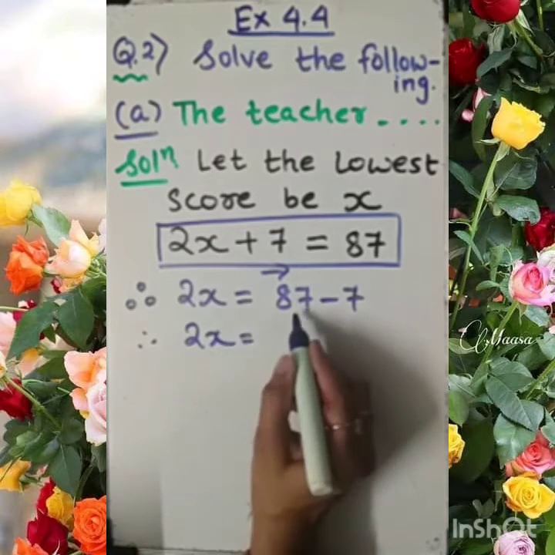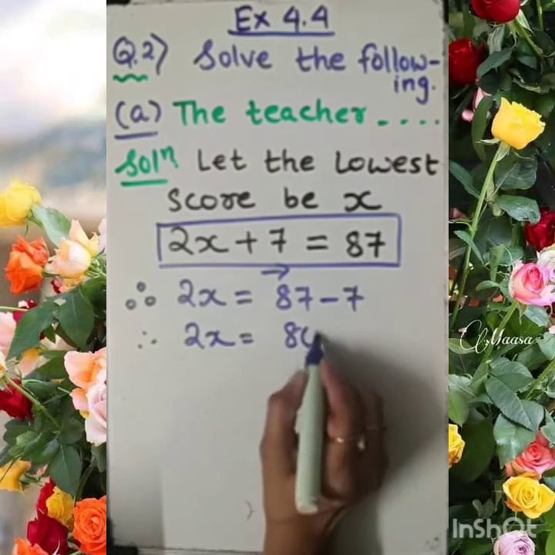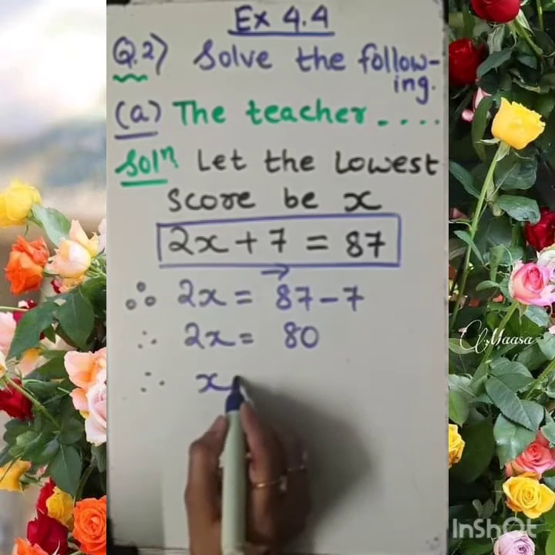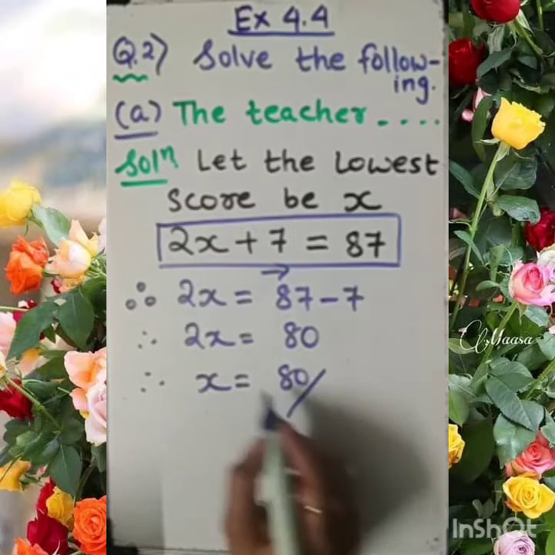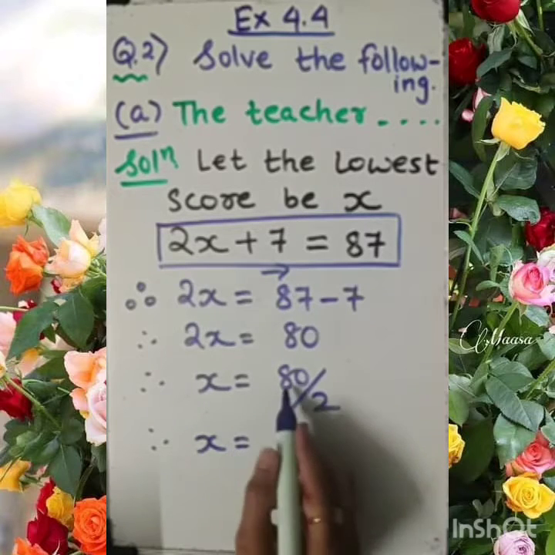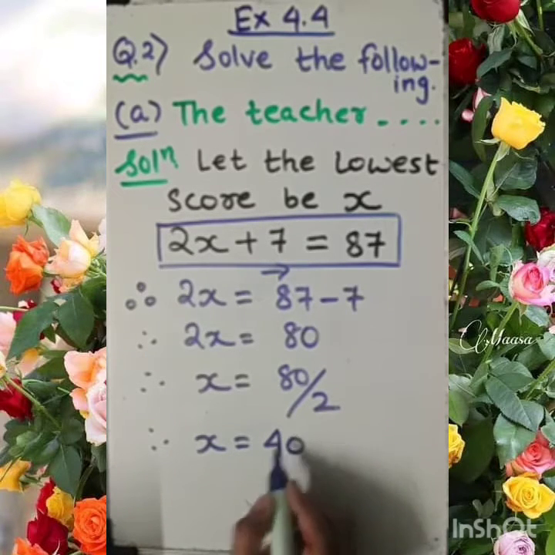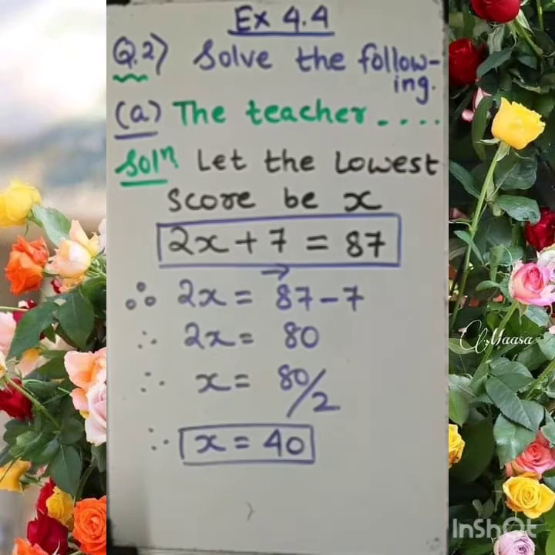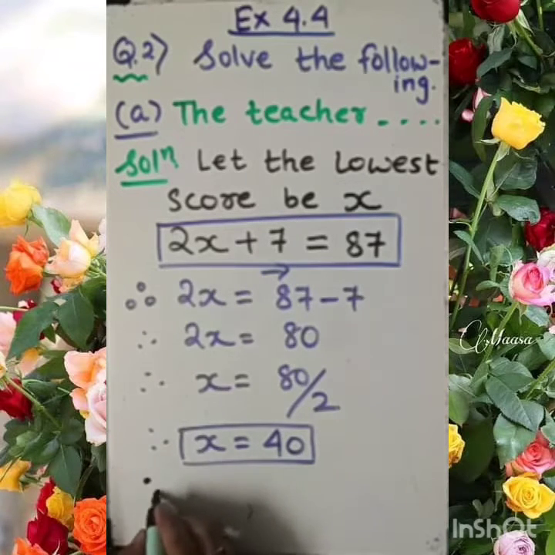You know very well 87 minus 7 is 80. Therefore, x equal to 80 divided by 2. Half of 80, all of you know very well, is 40.